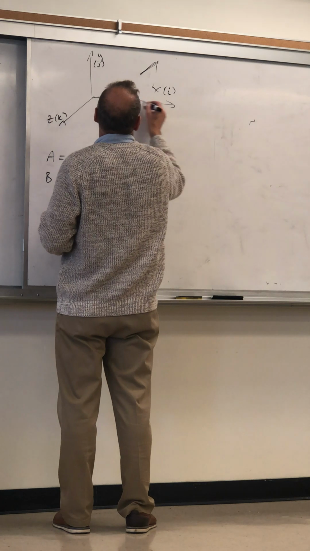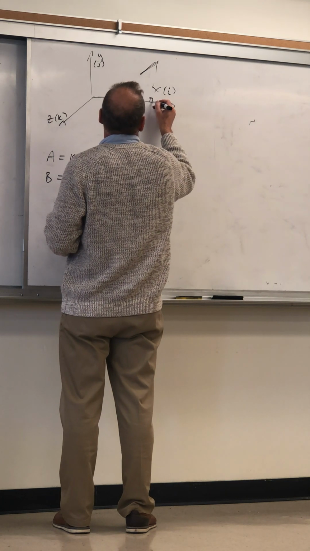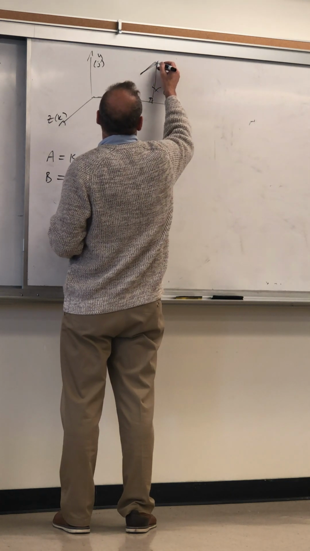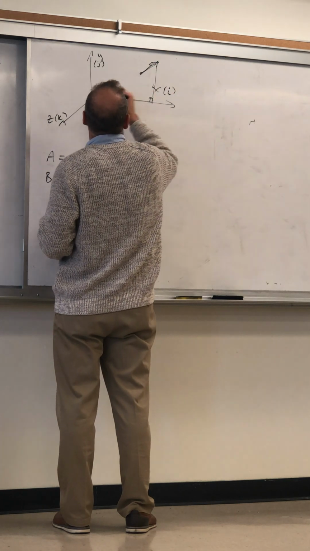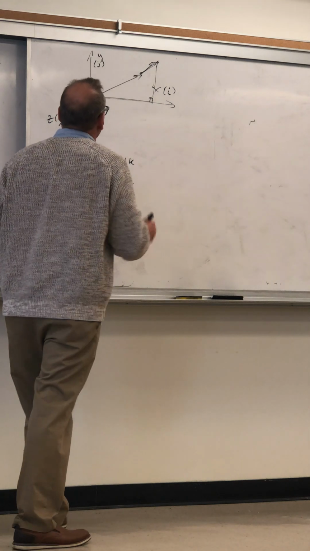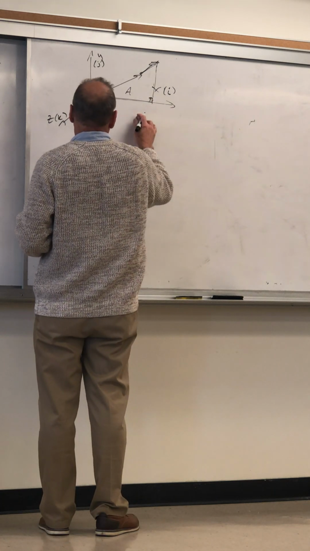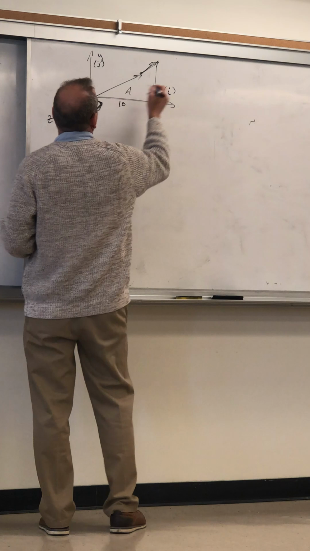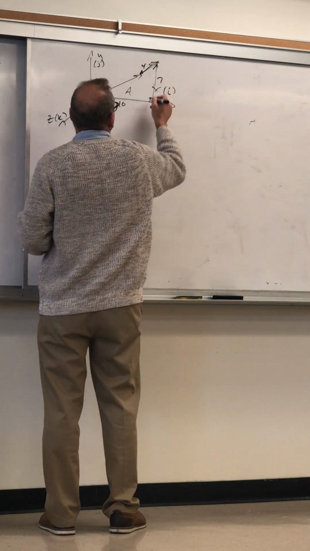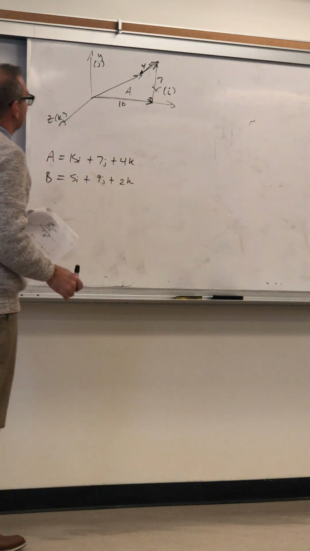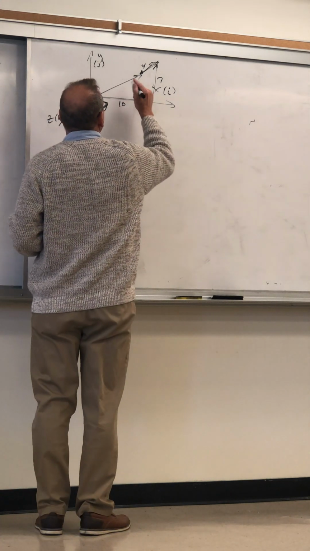So like this, I go up, and then I come this way. So that's that vector A.